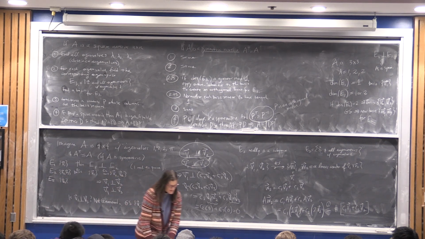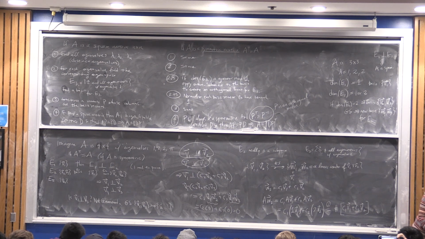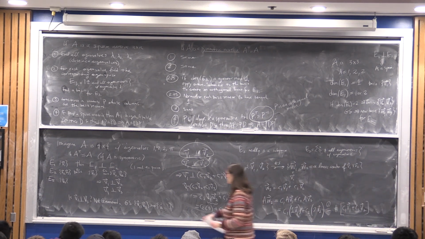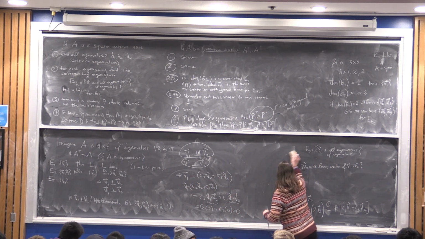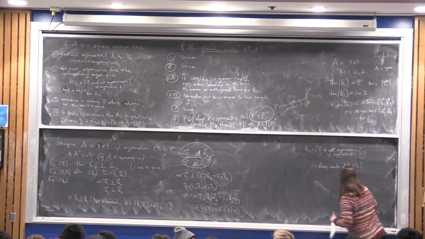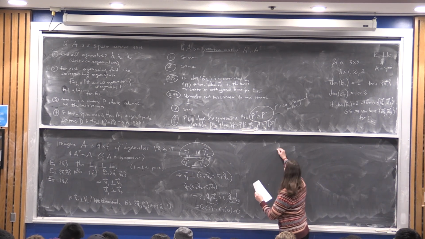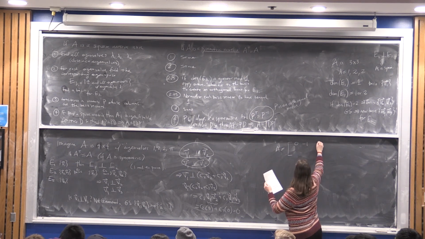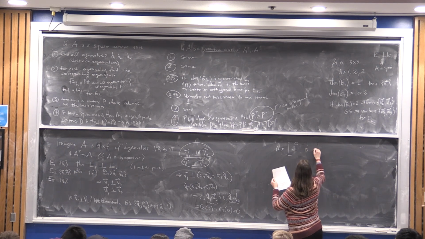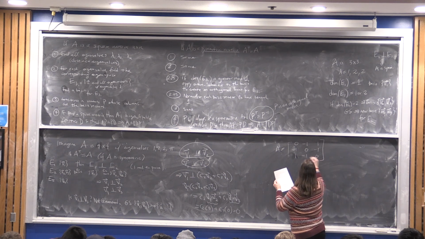I did an example like this in class yesterday. A is 0, minus 1, 1, minus 1, 0, minus 1, 1, minus 1, 0.